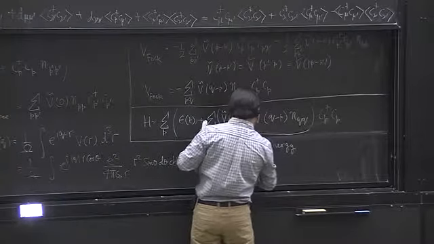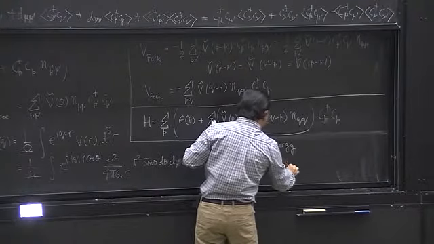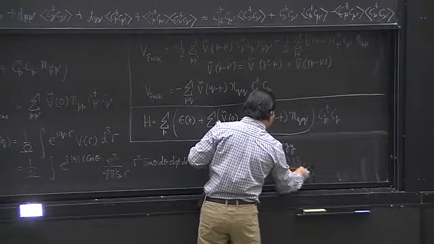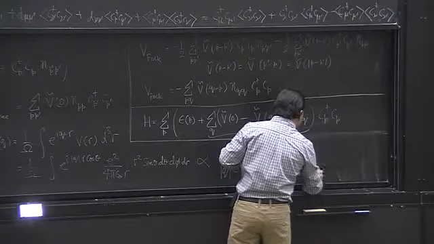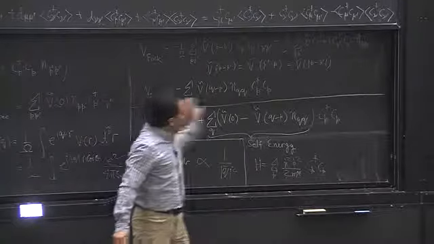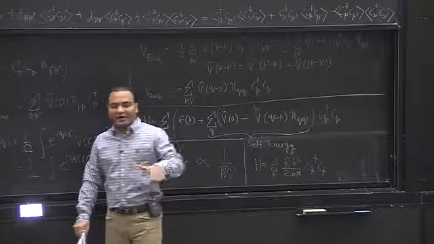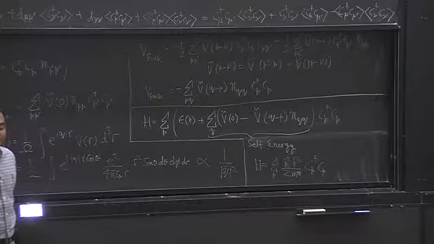So if you think of H as sum over p, h bar square p square over 2 m star, c_p dagger c_p, think of this whole thing as buried into the new mass of the quasi-particles.